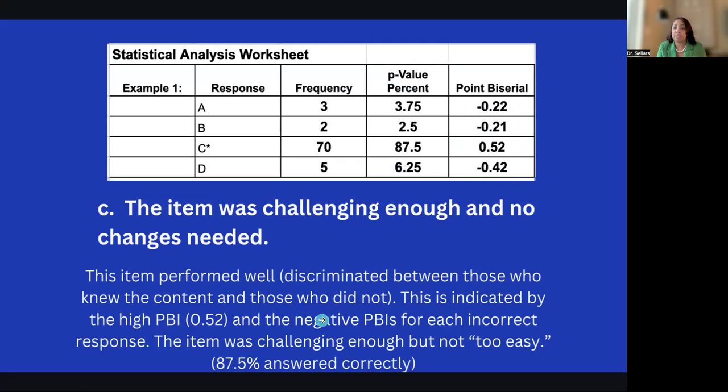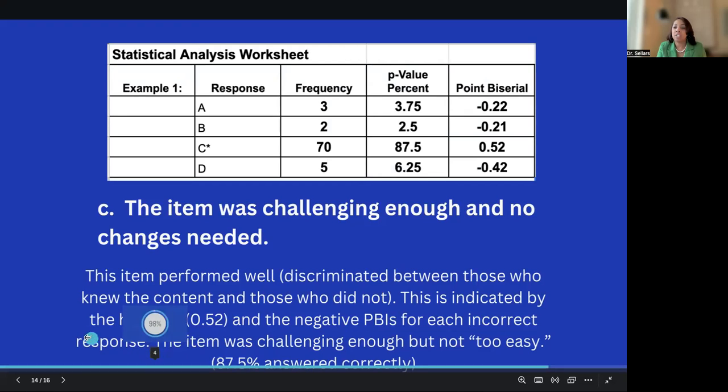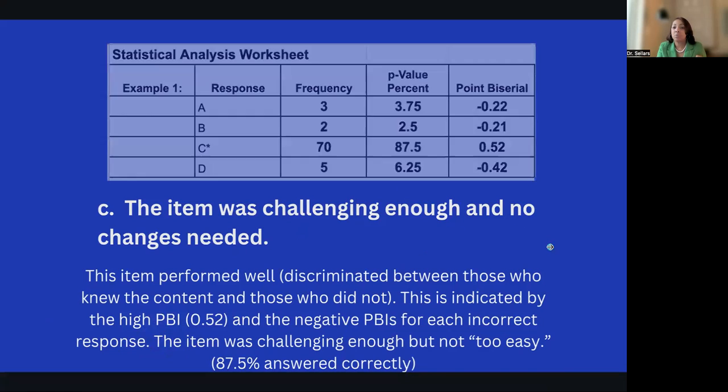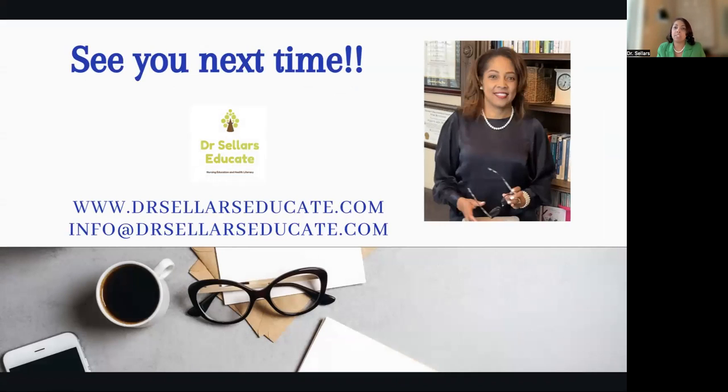This is indicated by the PBI, as we said, for the correct option is 0.52, and the negative PBIs for each incorrect response. The item was challenging enough, but not too easy, because 87.5% of students answered the question correctly.